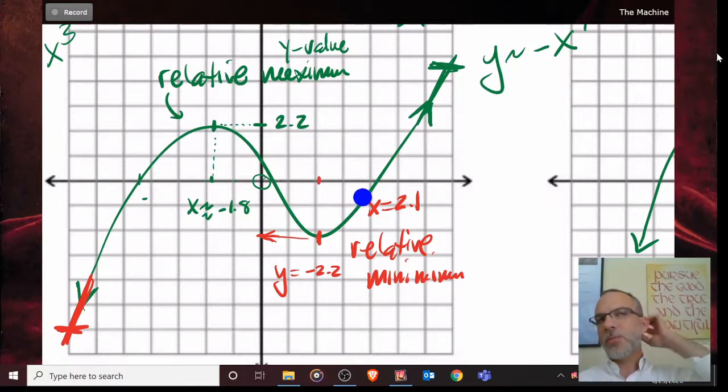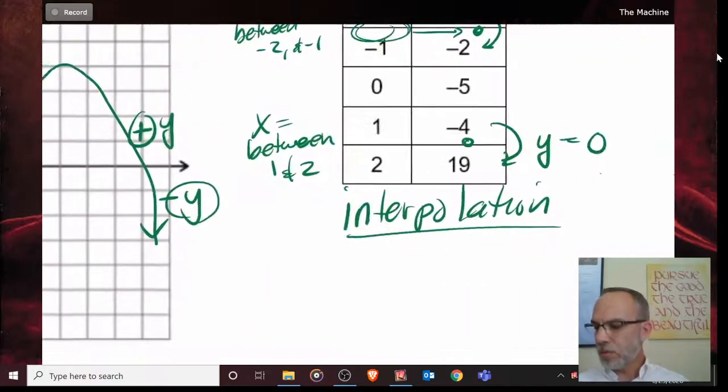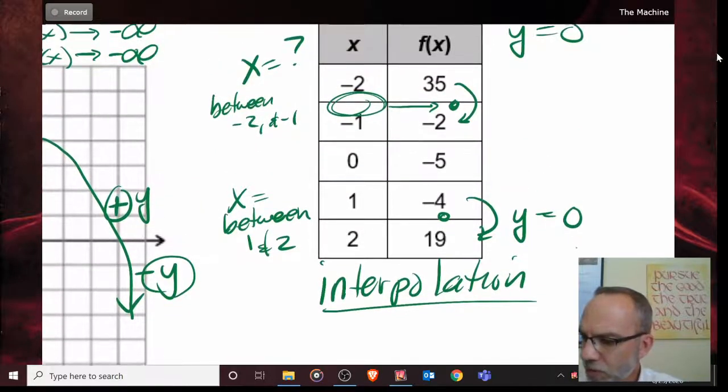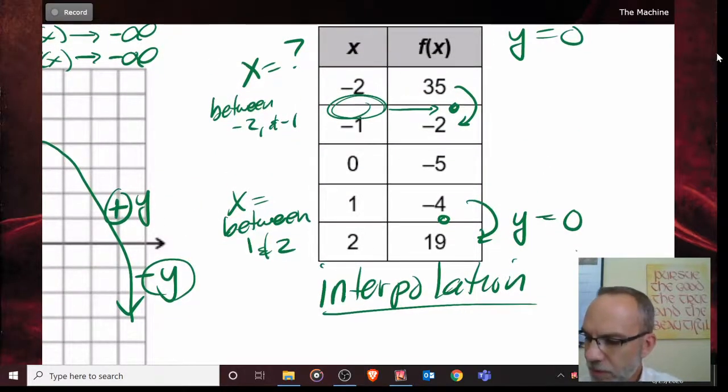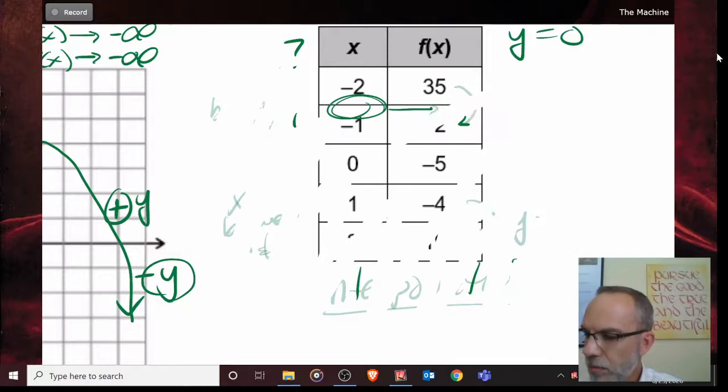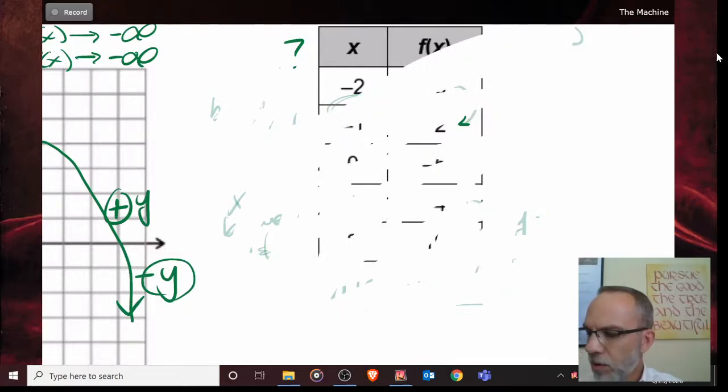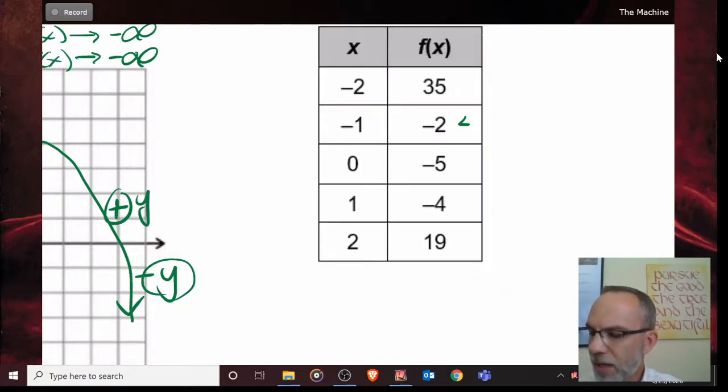So being able to spot relative maximums and minimums off of graphs is kind of easy to do. Maybe it's a little harder when you're dealing with a table. Let me clear out some of this clutter here. We'll look for high values and low values regarding a sign.